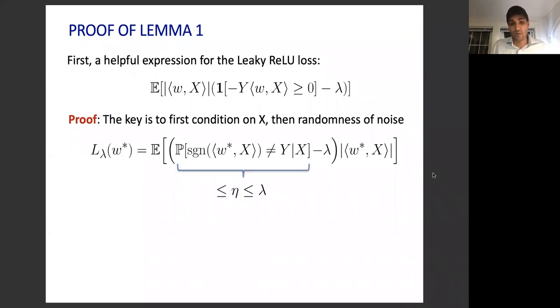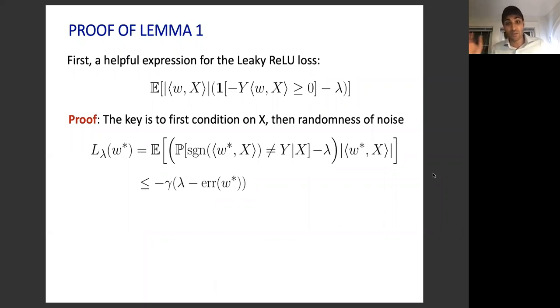This value is eta of X, which is at most eta, and by assumption at most lambda, because that was an assumption in the lemma. Then because the margin is at least gamma, this absolute value term is also at least gamma. So we get exactly the upper bound that I promised you: a negative upper bound that depends on the margin of the underlying distribution. So that's it. We're down one lemma. We only have one lemma to go before we can analyze the simple zero-sum game.